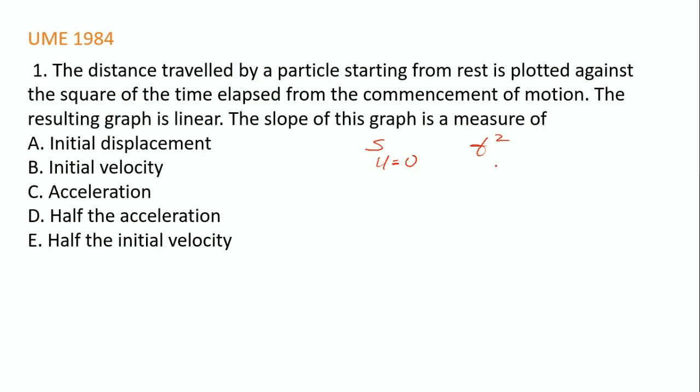That implies that we have the vertical axis s plotted against the horizontal axis t squared. The equation connecting these two is s equals ut plus 1/2 at squared, and u is equal to 0.